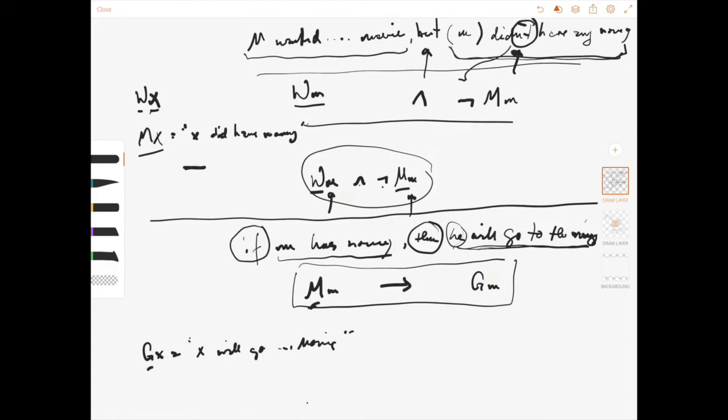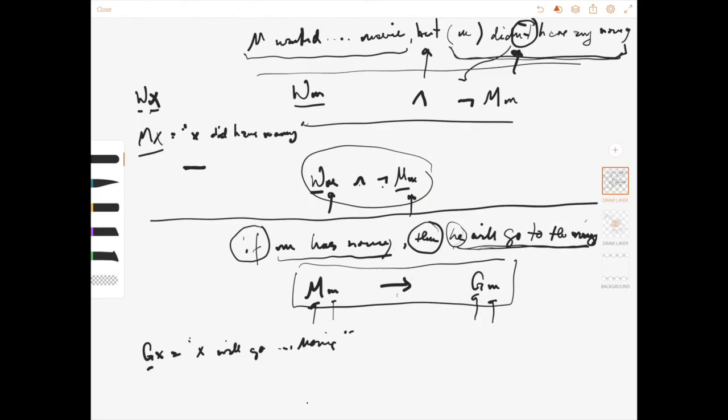If you unpack all of this, because we have the material implication, it means if M of M, then G of M. And what does that mean? If Matthew has money, is our argument and the predicate, then Matthew will go to the movie. Again, the argument and the predicate.